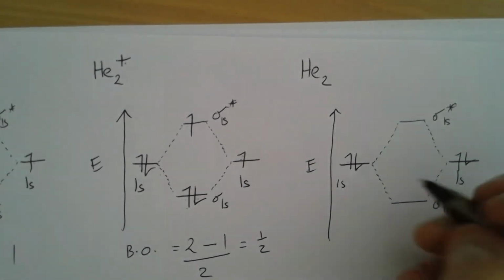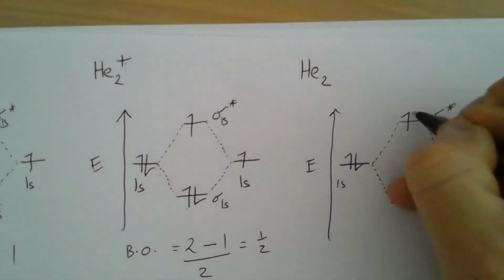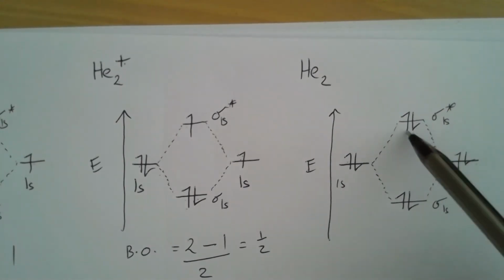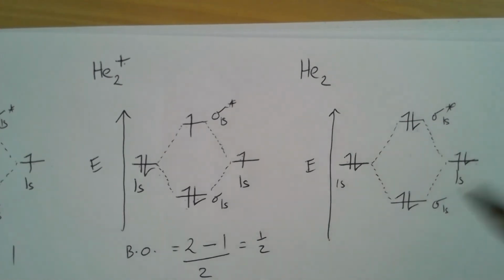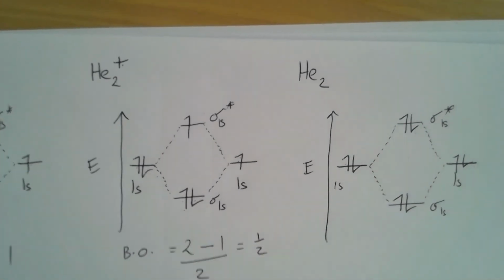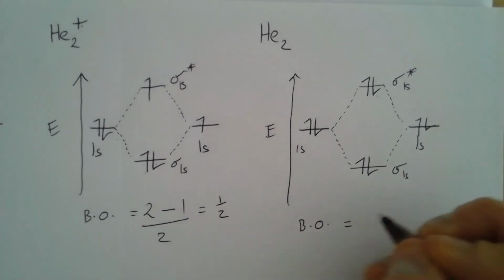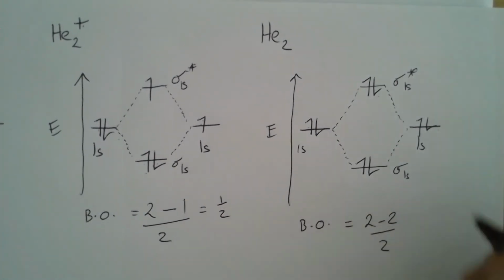We've got 4 electrons to go in, 1, 2, 3, 4. Because we've started to put electrons into the antibonding orbitals, that cancels out the bonding effect of these. So if we have a look at our bond order calculation for this, 2 minus 2 over 2, which means that the bond order is 0, which means that it's an unstable molecule and can't actually exist.